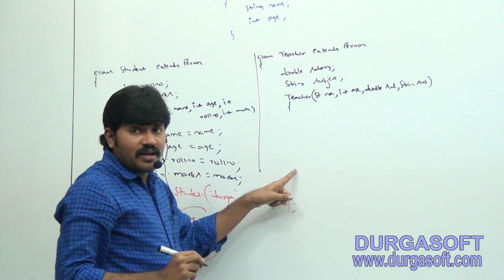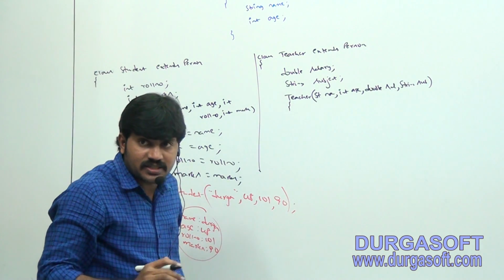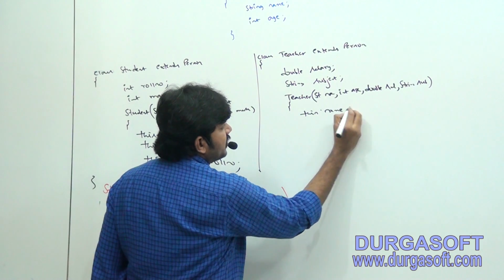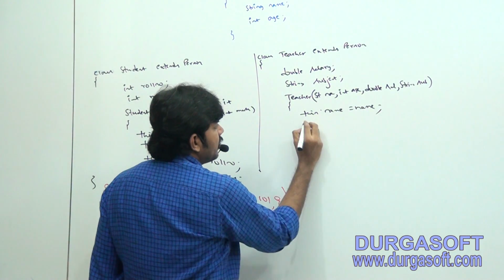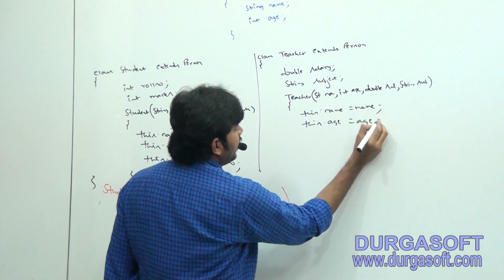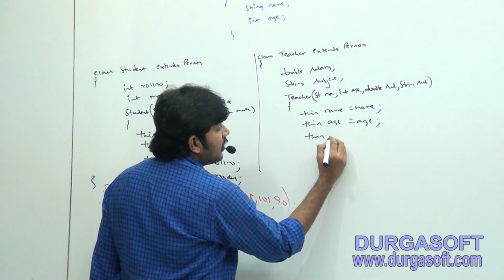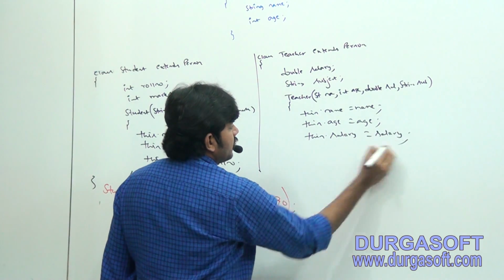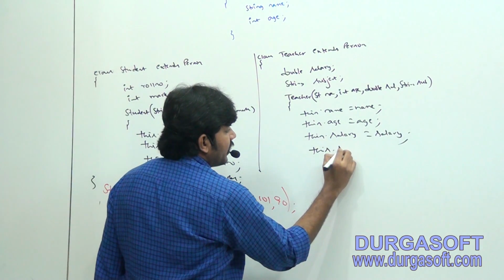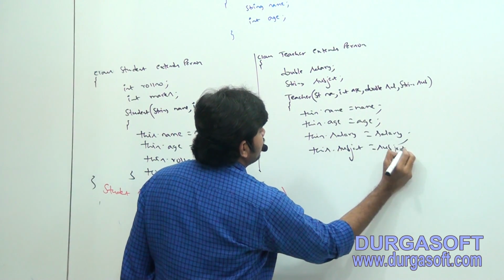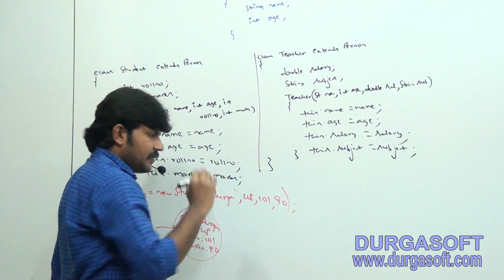Sir, can you please tell which code I have to write in the child constructor? this.name is equal to name, this.age is equal to age, this.salary is equal to salary, this.subject is equal to subject, like this, right?